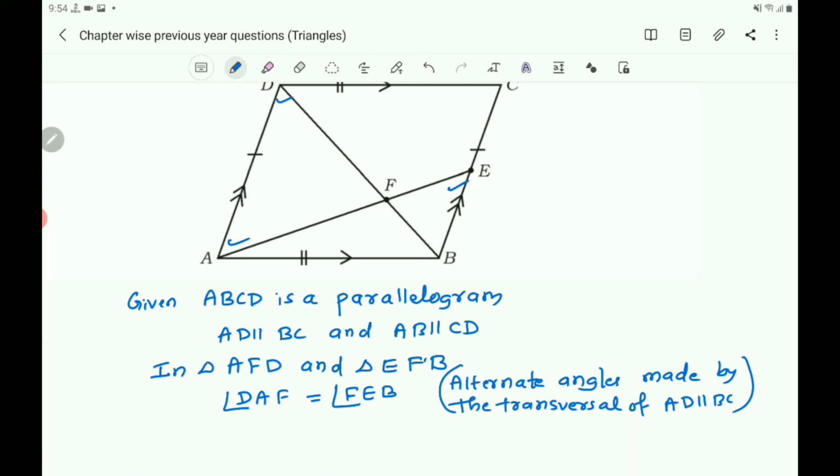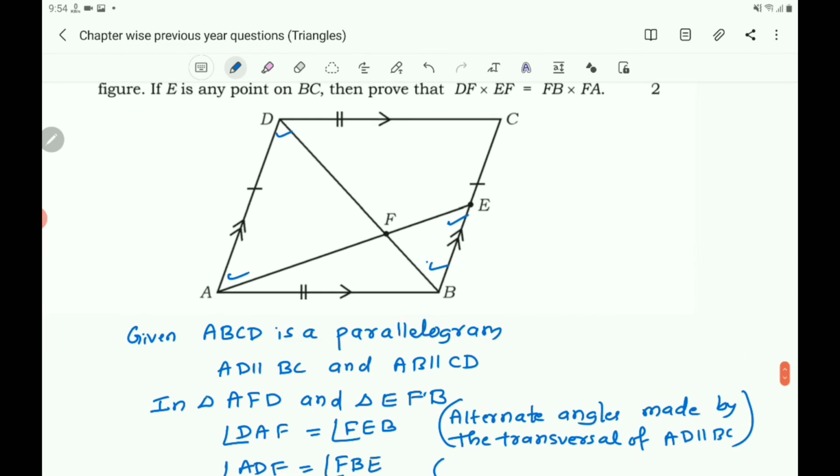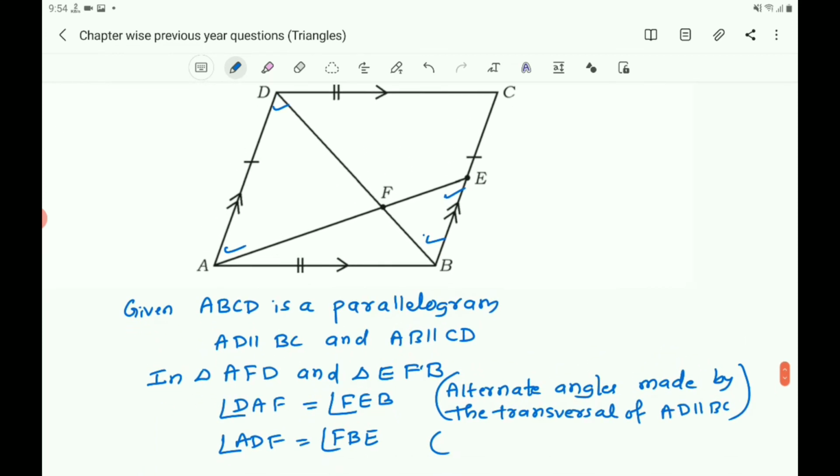One thing. And next you take angle ADF. Angle ADF equals which angle? FBE. So they are the alternate angles made by the transversal DB of AD parallel to BC.